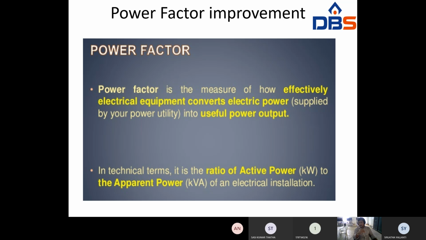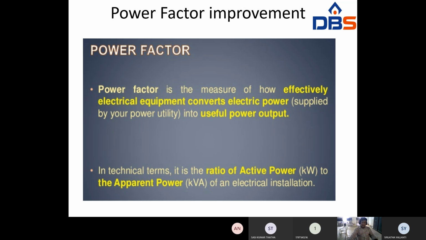Because as power factor reaches nearly unity, the consumption of electrical power is reduced, so the price per unit charged by the distribution company is reduced. Cost is reduced, right? That is the effectiveness. And also the equipment works efficiently.